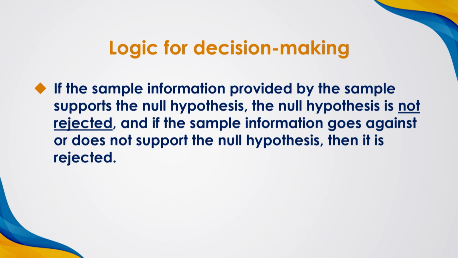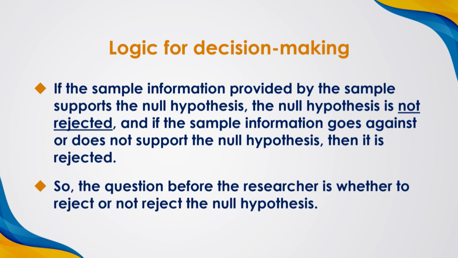On the other hand, if the sample information goes against or does not support the null hypothesis, then it is rejected. So, the question before the researcher is whether to reject or not to reject the null hypothesis.